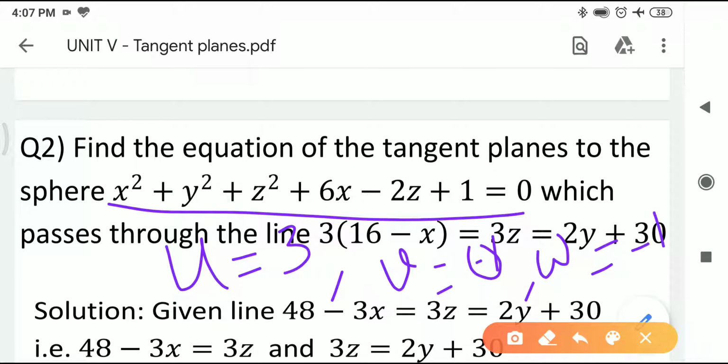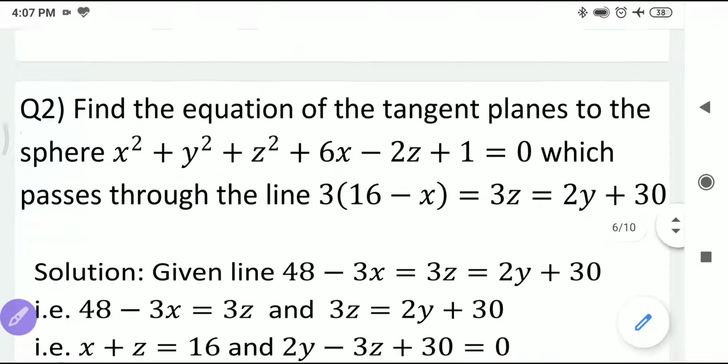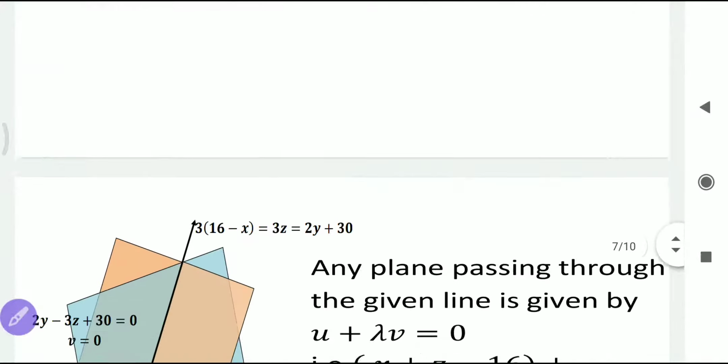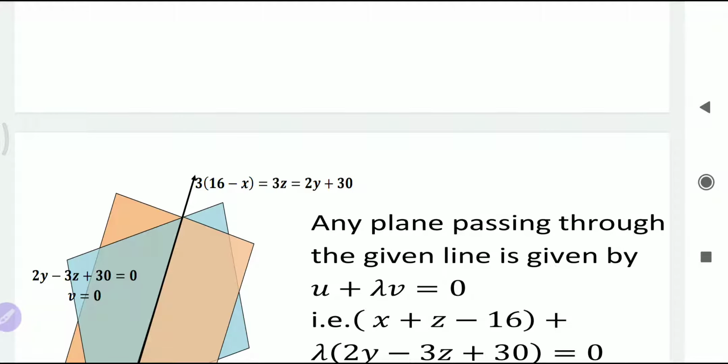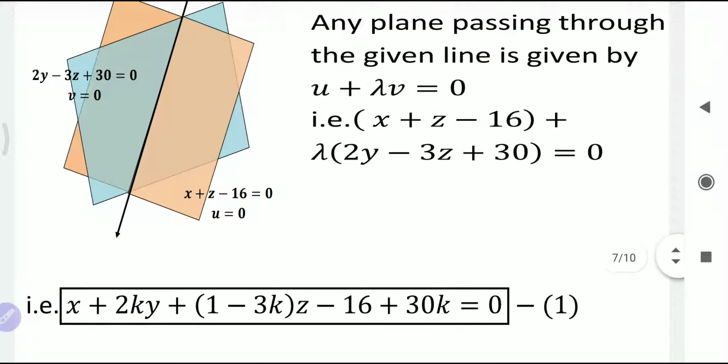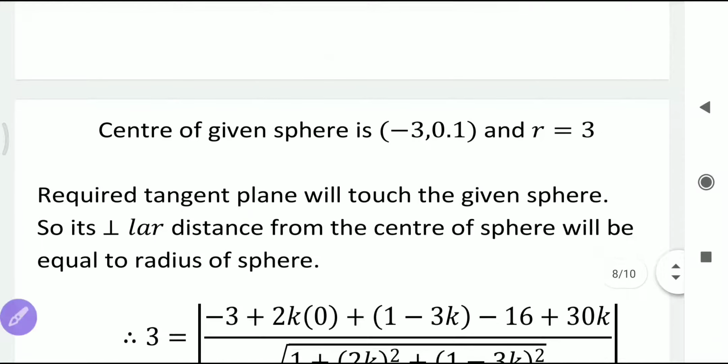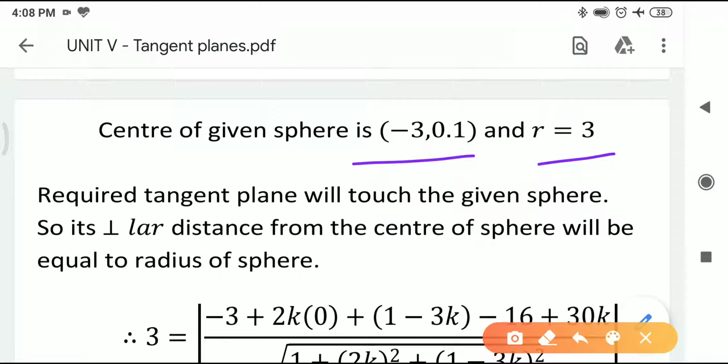I hope you remember how to get it: you equate 6x with 2ux, and so on with 2vy and 2wz, and you get the values of u, v, w. The center is given as (minus u, minus v, minus w), and the radius is the square root of u square plus v square plus w square minus d. With these two formulas you can find the center and the radius of the sphere. The center will be (minus 3, 0, 1), and r will be 3.